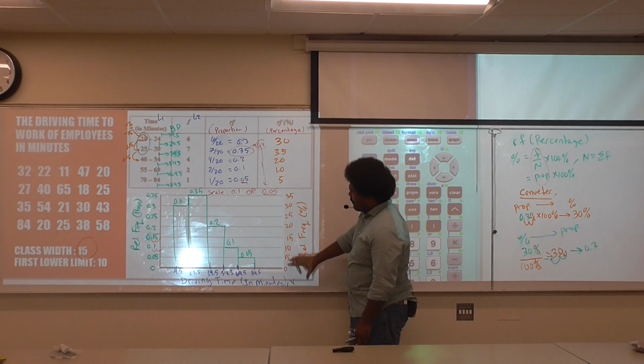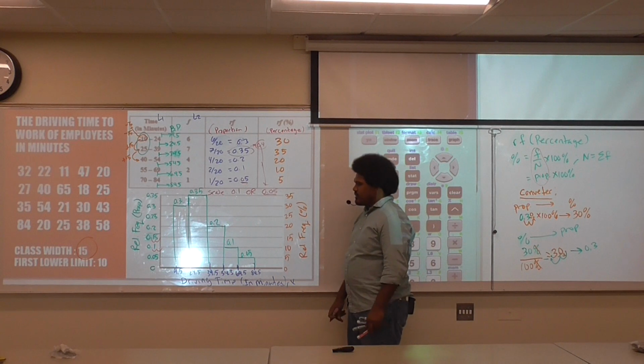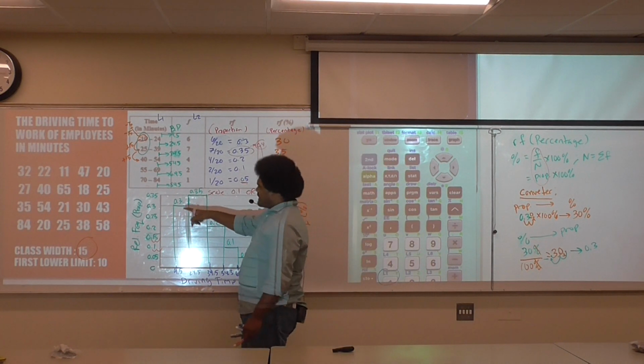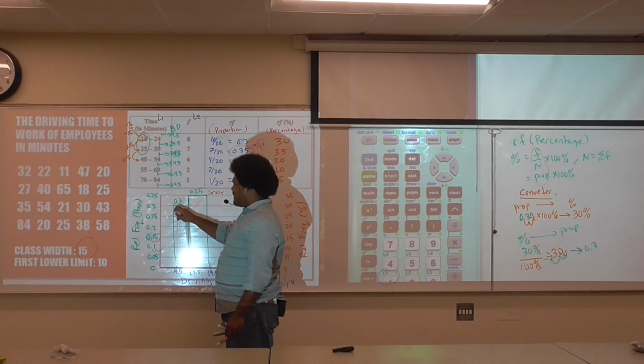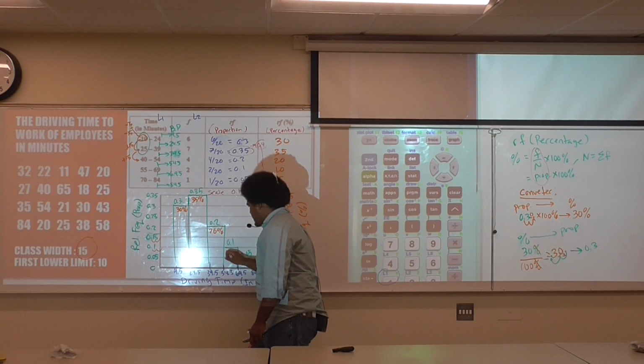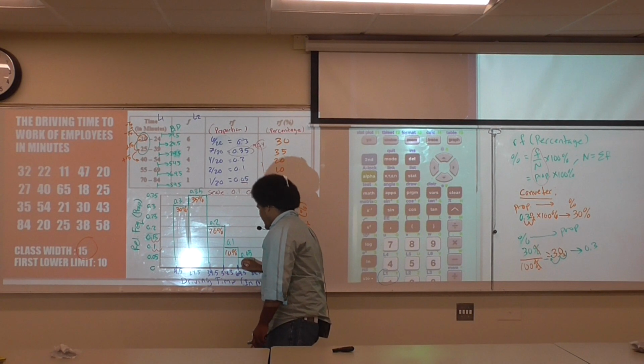And we know this is all based on percentages. And therefore, inside these boxes, if we want to note them, this will be a 30%, this will be a 35%, a 20%, a 10%, and a 5%.